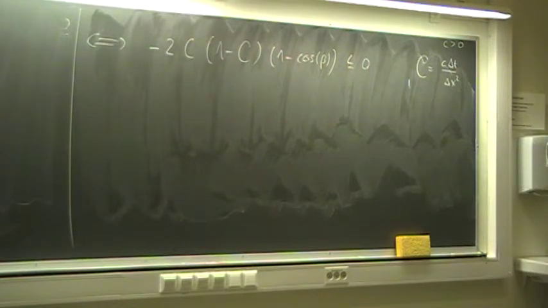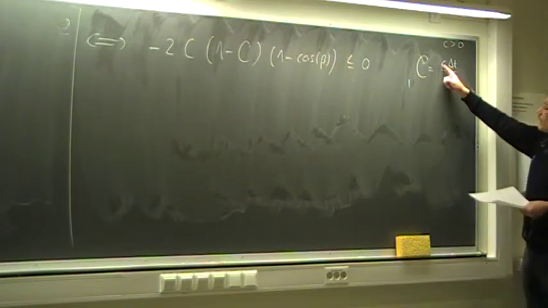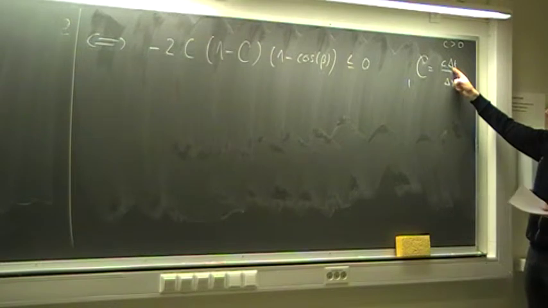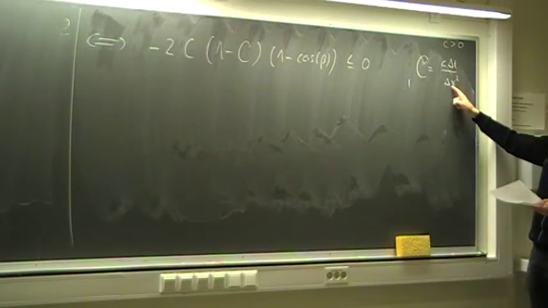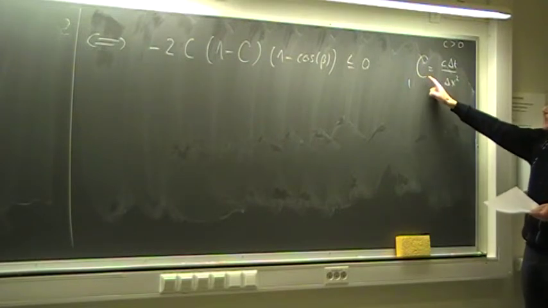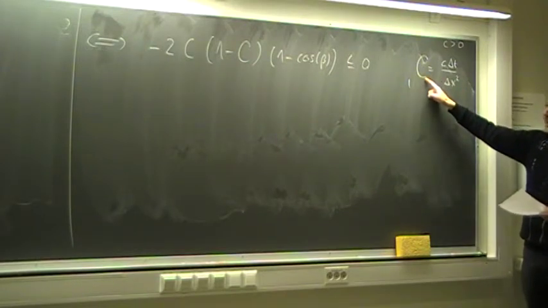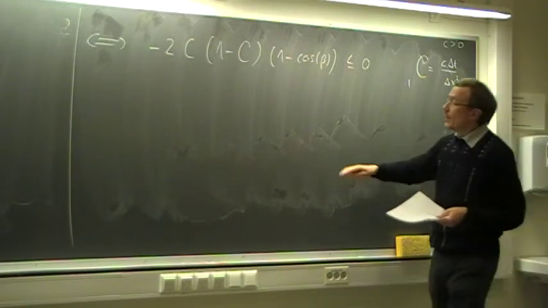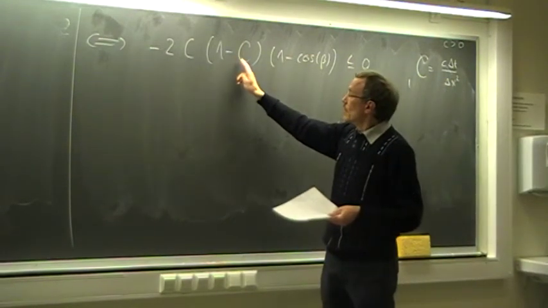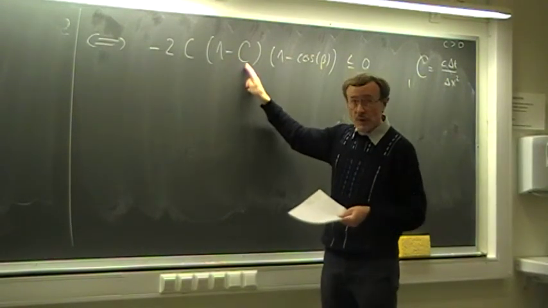But that is just for an experiment. Think of what would be if c were negative. If it were not positive, it were negative. If c were negative, then we have a positive time step, otherwise that would not make sense, delta x not 0, so that is positive delta x squared. So then the c will be negative. If c is negative, then we get here minus something negative, we get here something positive.